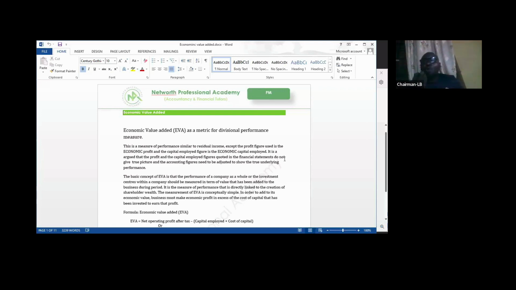If you are trying to measure the performance of a division, you can look at the extent to which that division has created value for the owners of the business.